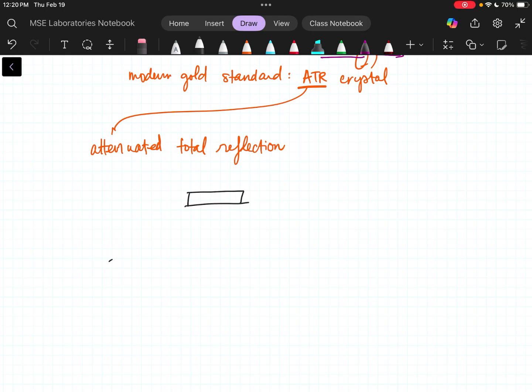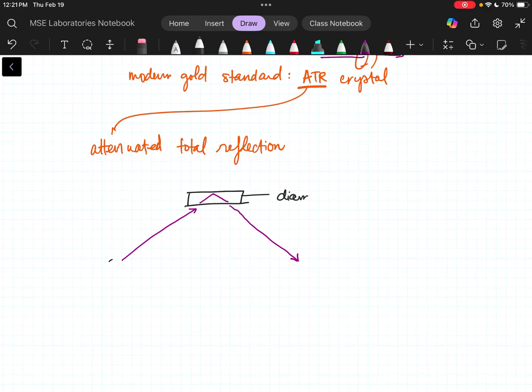And what we have for ATR is we have a diamond. Diamond? Real diamond? A real live material diamond. Probably lab grown because that's the way to do it. And my light path, sorry, I've been drawing my light as purple this whole time, so we're gonna keep that up.